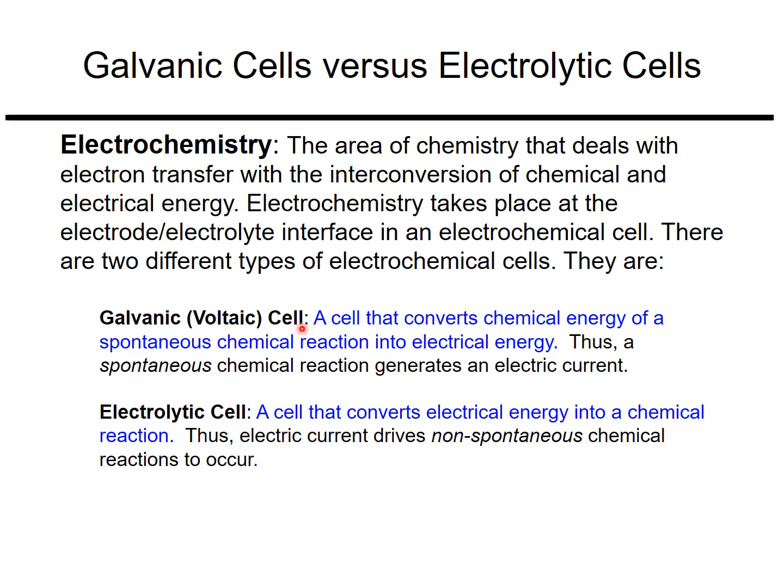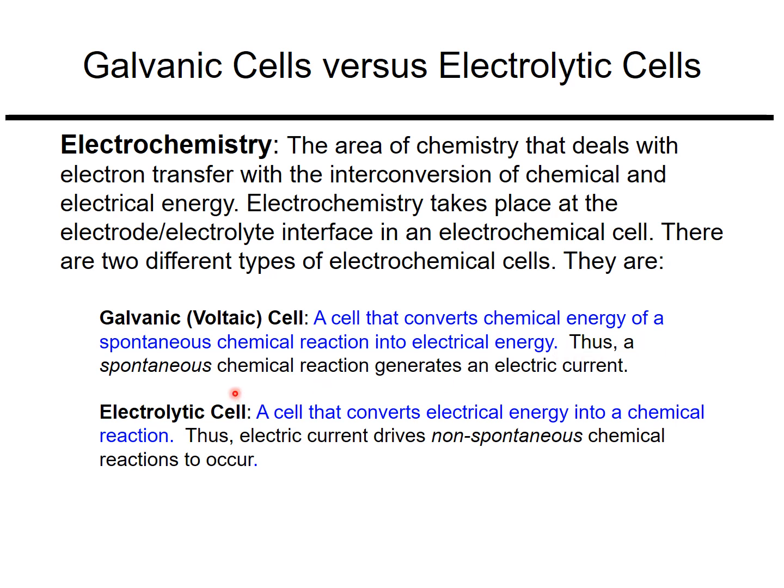The galvanic cell is a cell that converts the chemical energy of a spontaneous chemical reaction into electrical energy. That is to say, from chemical energy to electrical energy. This galvanic cell is based on the second definition of electrochemistry introduced in my previous class.